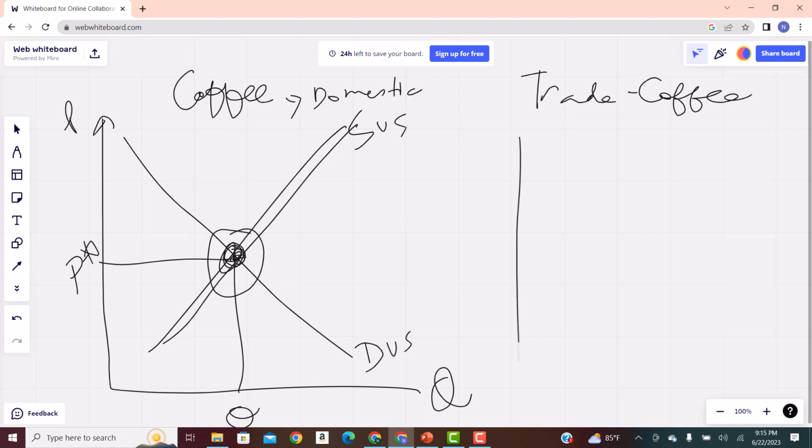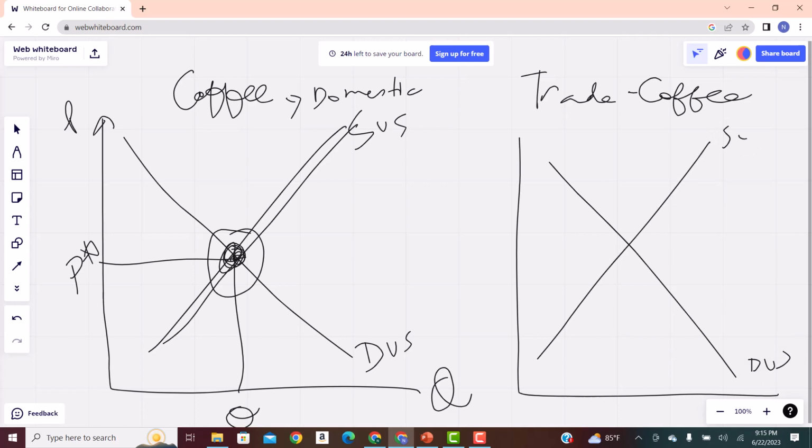So demand will stay the same, but supply will increase, because trade increases the supply, so the supply curve will shift to the right. So US plus world, that's the supply curve.